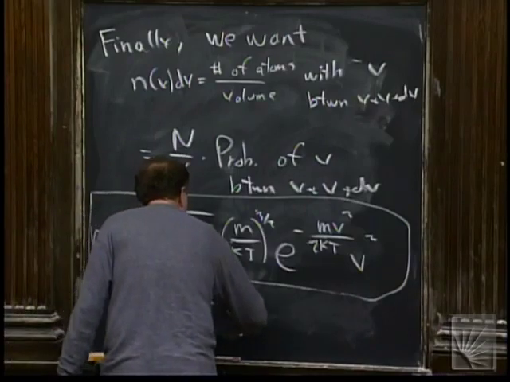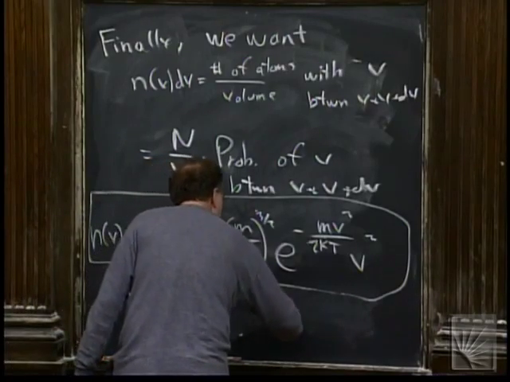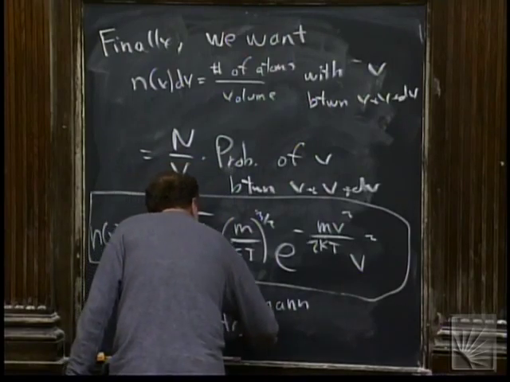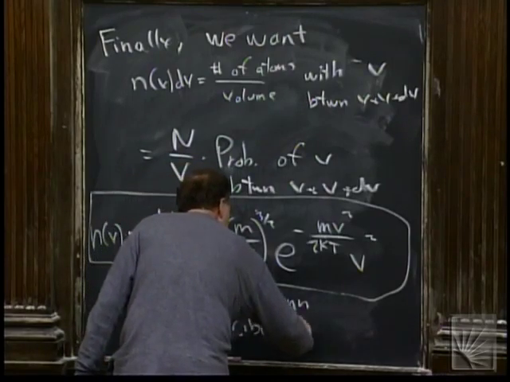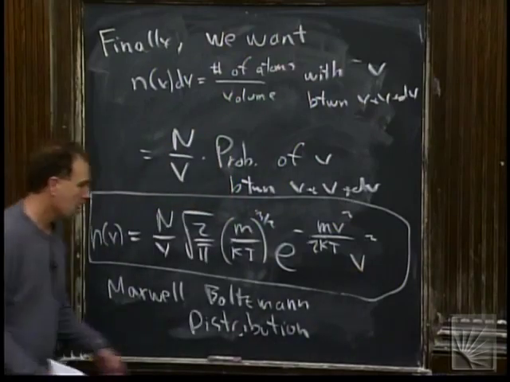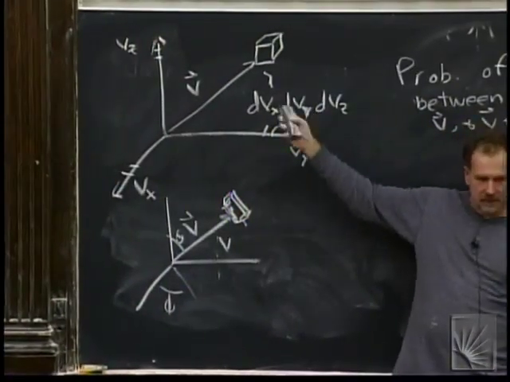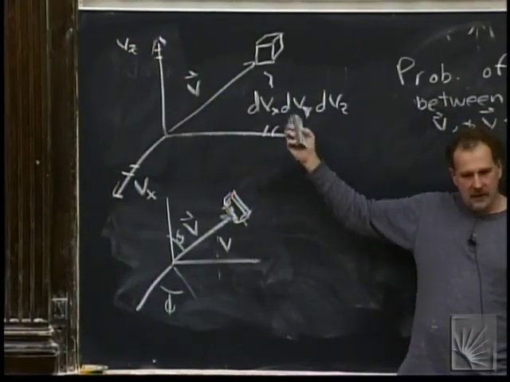And this is the first big result from statistical mechanics. It's a little bit tedious, but I was basically just playing with this Boltzmann term. And this happens a lot in statistical mechanics.